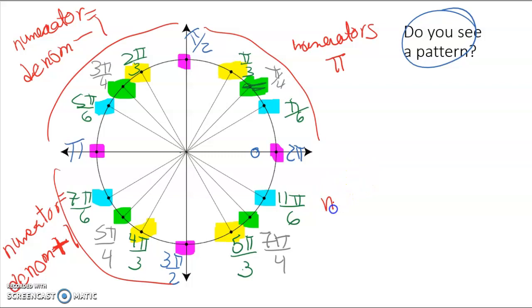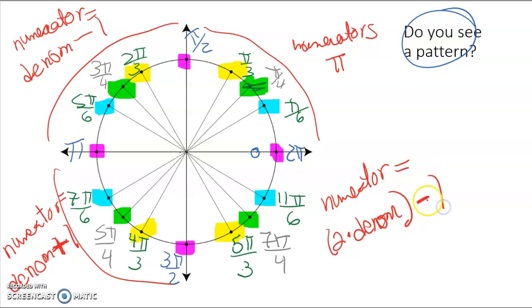It looks to me that the numerator is equal to, and we don't need these parens here because of order of operations, but just to make sure, it's 2 times the denominator minus 1. Oh, 2 times 6 is 12, 11. 2 times 4 is 8, 7. 2 times 3 is 6, minus 1 is 5.